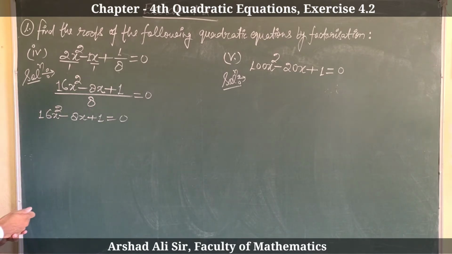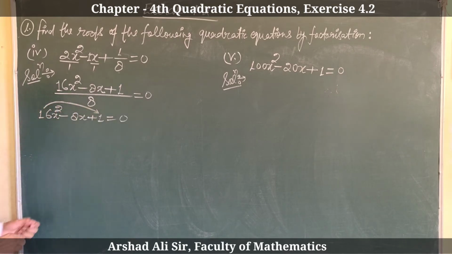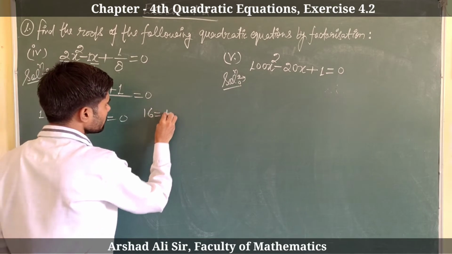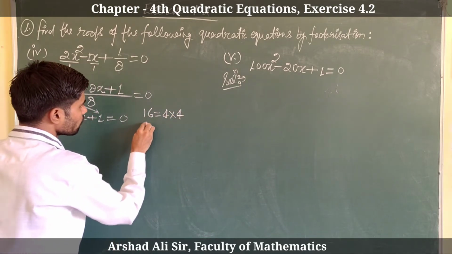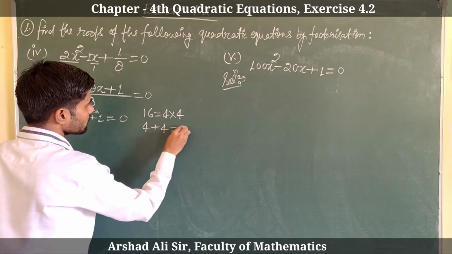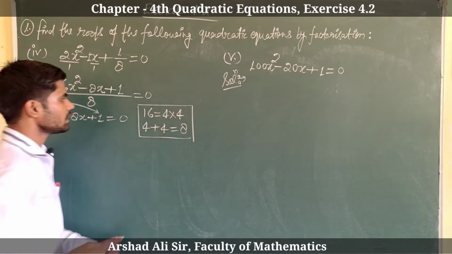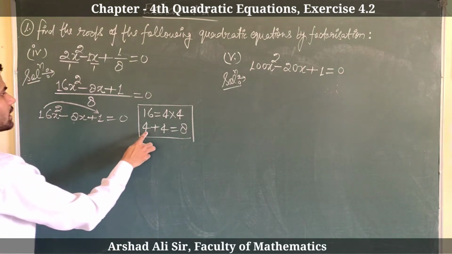Now we can check the factor 16 multiplied by 1, 16 ones are 16, and we have to find the factor of 16. We can take the factor of 16, 4 fours are 16, okay, and 4 plus 4 is equal to 8. 4 multiply 4 will be 16 and 4 plus 4 is equal to 8. Instead of 8 we can write 4 plus 4.